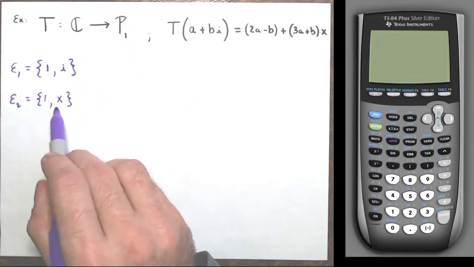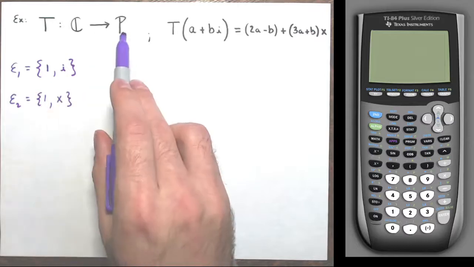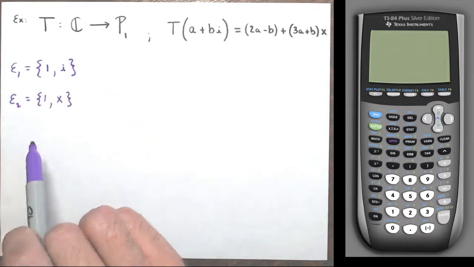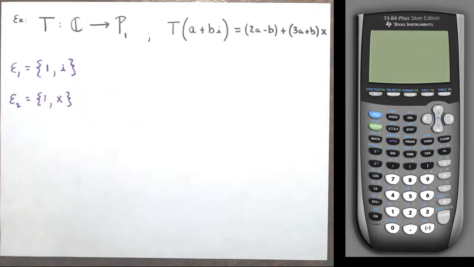This is the simplest building blocks for P1, the standard basis for P1. So you see that both have dimension 2, and that's good, right? If they didn't have the same dimension, I would immediately say that the transformation was not invertible. But since they do have the same dimension, now I can keep going, and we'll check.